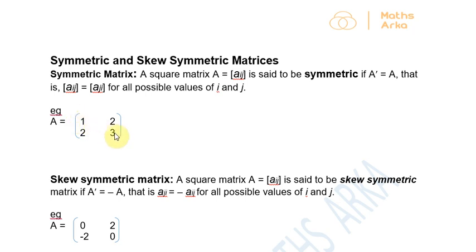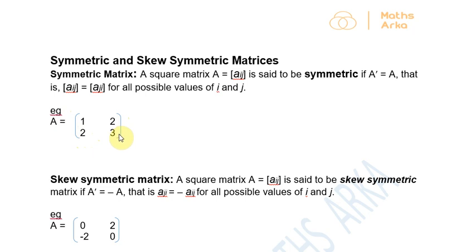The diagonal can have whatever element, any number or any function, but the condition is that if we suppose the diagonal to be a mirror, then the image of one part should be similar to the other. So that is what symmetricity means.